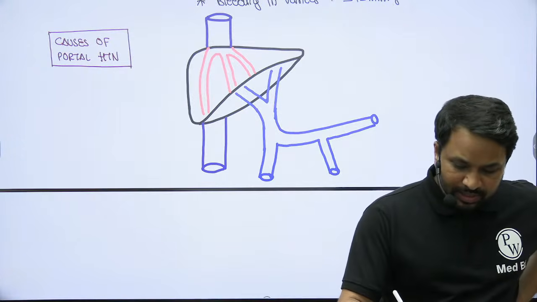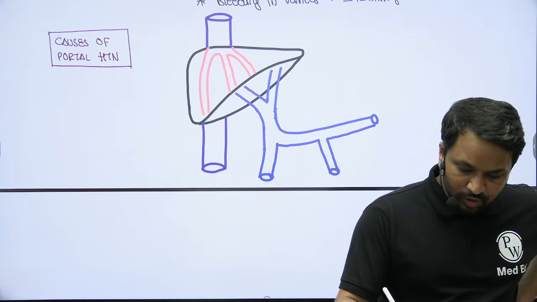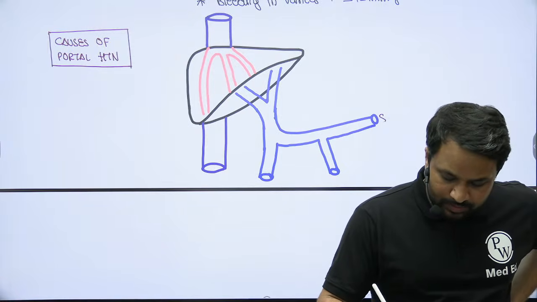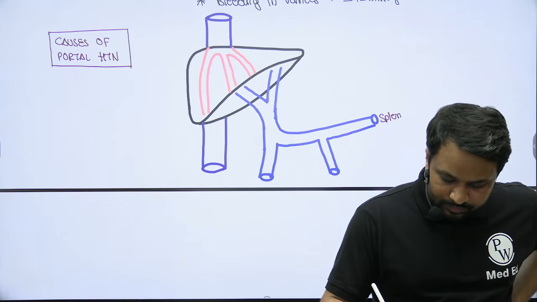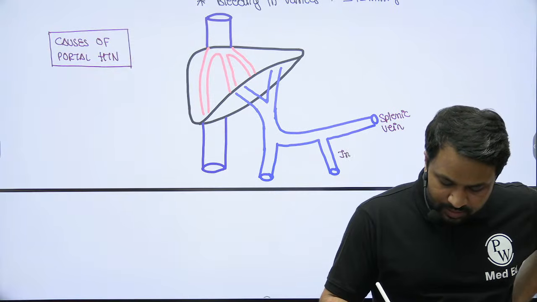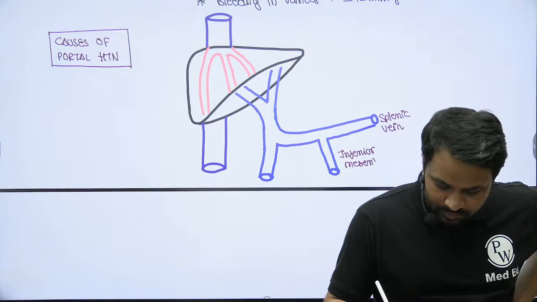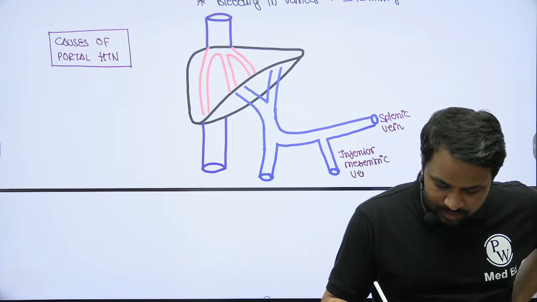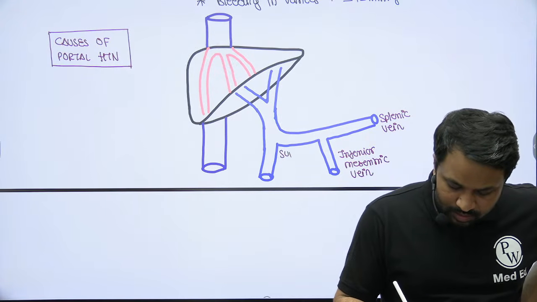So if I simply label everything that we have drawn here, this becomes your splenic vein. This becomes your inferior mesenteric vein. This is your superior mesenteric vein.